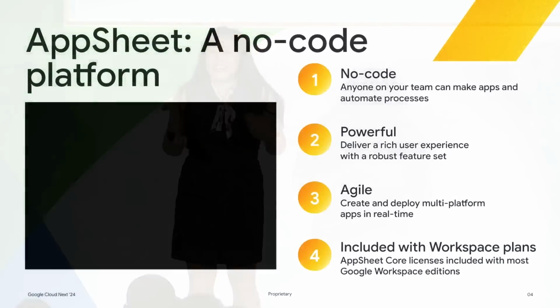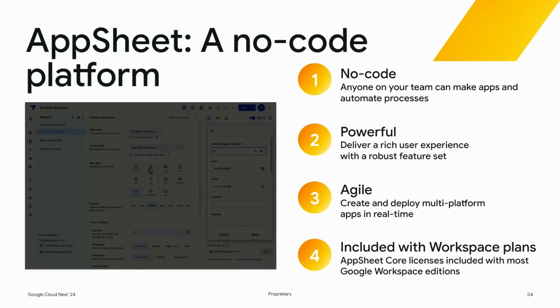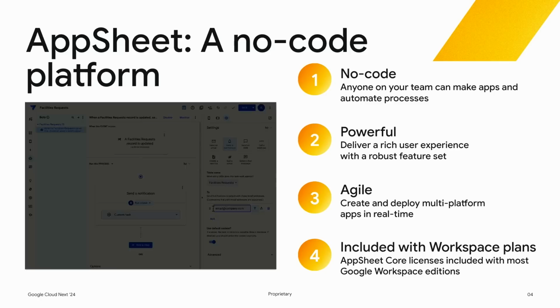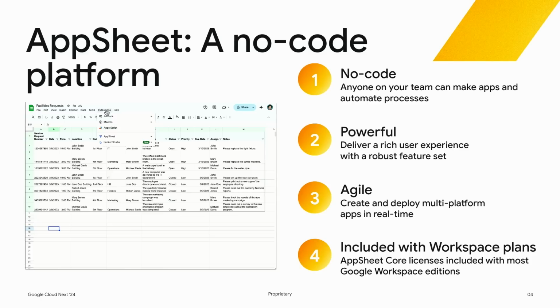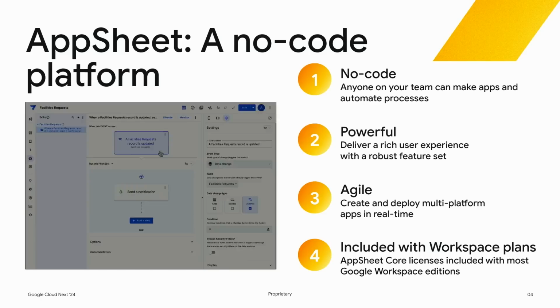So users can connect to existing spreadsheets or create a new data source. And from there, with a visual editor, clicks and configurations, they can build out pages like list views and table views. They can also add automations with bots that allow them to automate their own workflows.